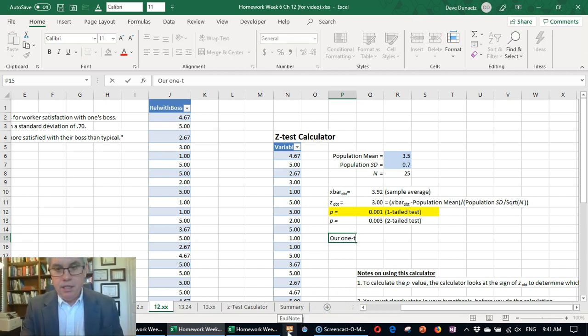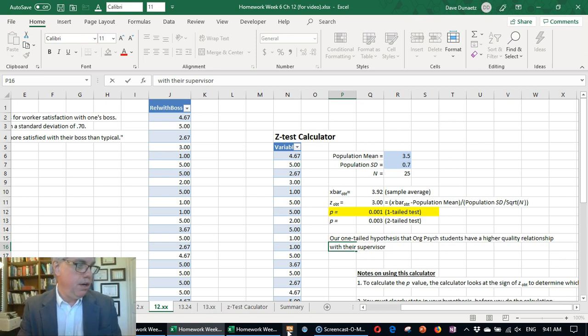Our one-tailed hypothesis that org psych students have a higher quality relationship, I'll go down a line, with their supervisor than the population average is confirmed.